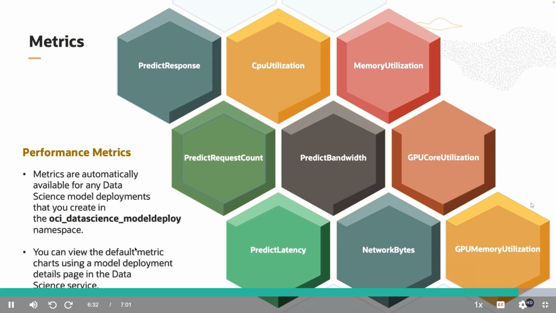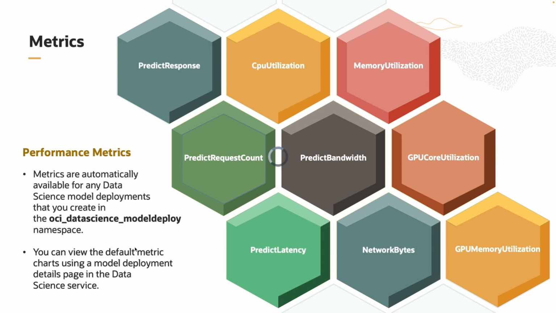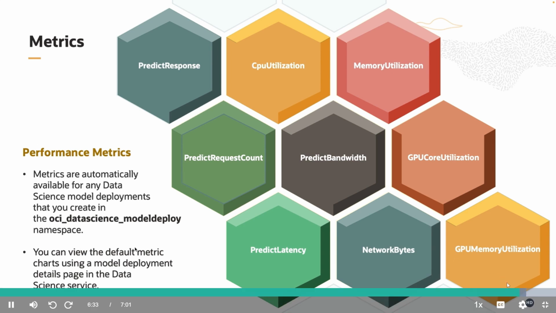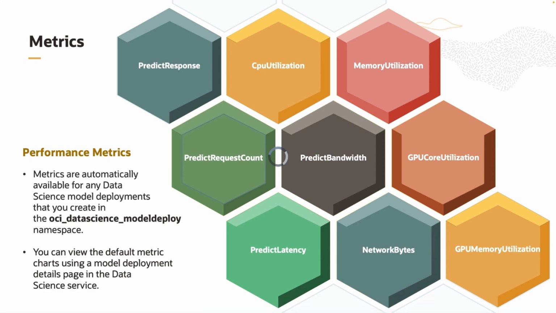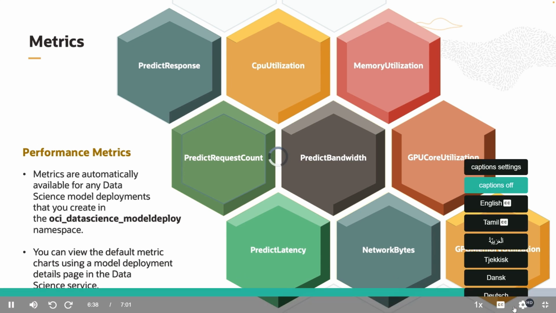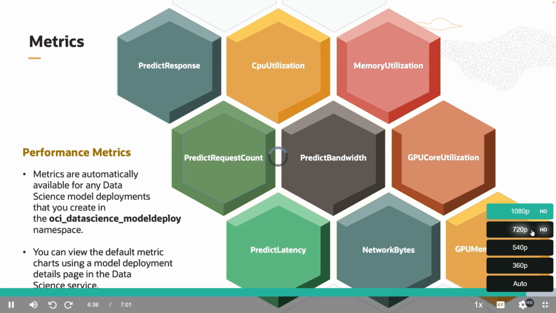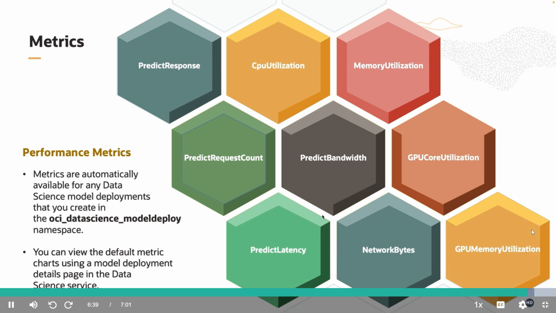Data science model deployment metrics include dimensions such as resource ID, status code, status family, instance ID, result, and network type.